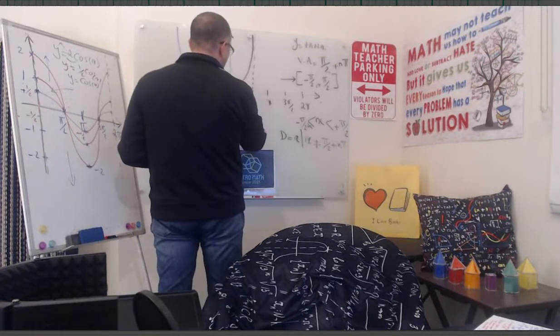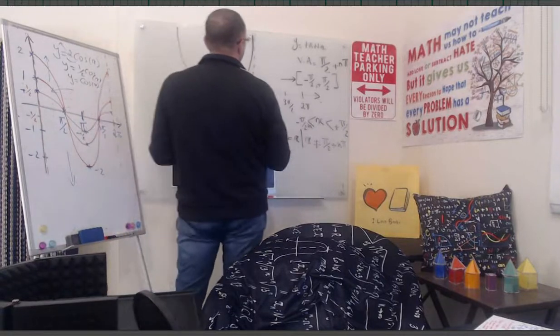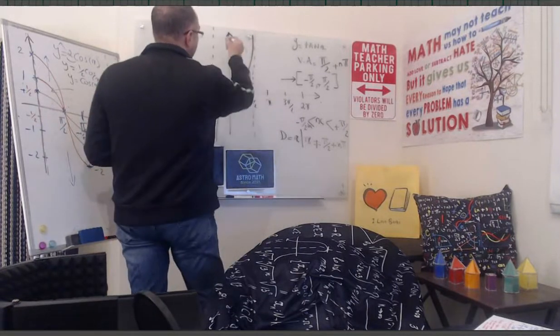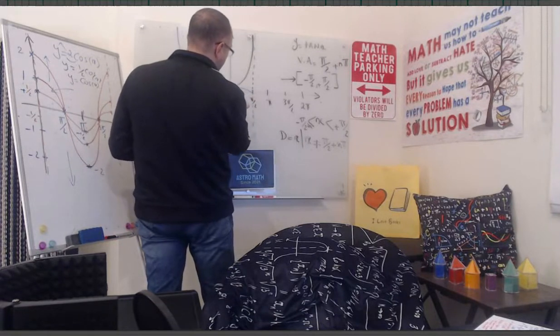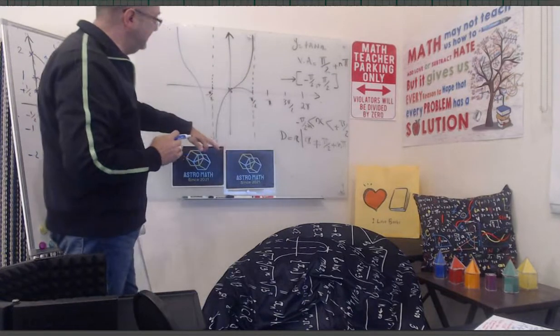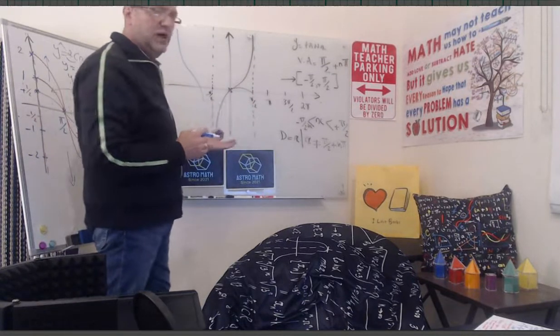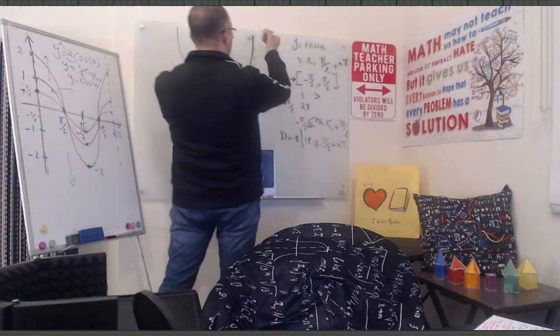What's between 0 and 1? It's your quadrant 1. So in quadrant 1, if I do it like this, that will give me a graph in the negative section under the x-axis. But in quadrant 1, both sine and cosine are positive, so it has to be above.